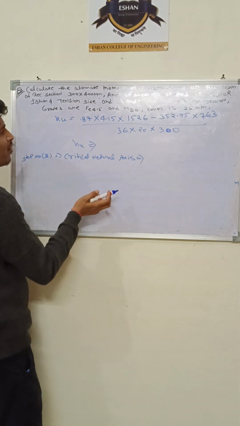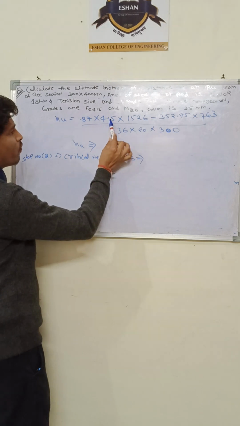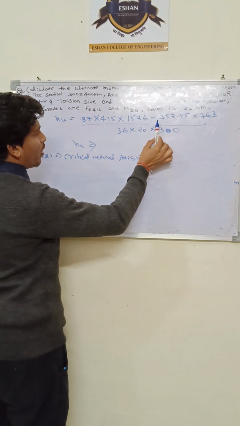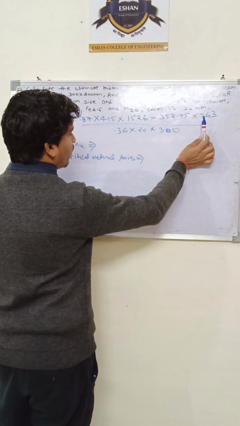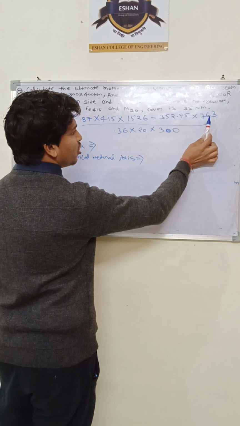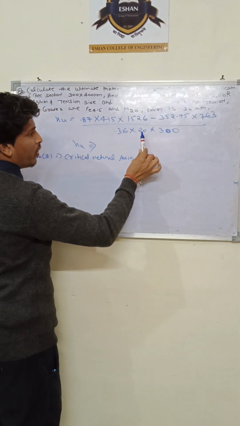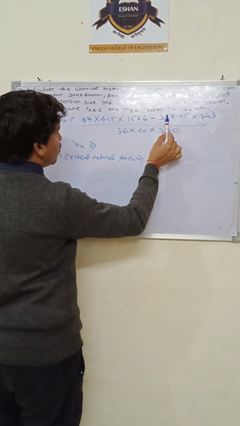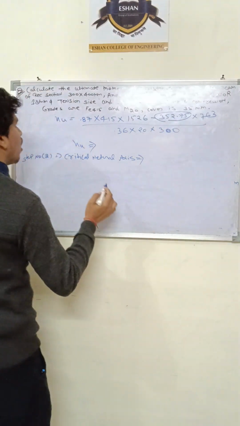Putting the values, Xu equal to 0.87 into fy 415, Ast area of steel 1526, minus fsc 352.75, into the area of steel in compression 763.36, upon 0.36, fck the grade of concrete 20, and b the width of the beam 300. How do we get 352.75?